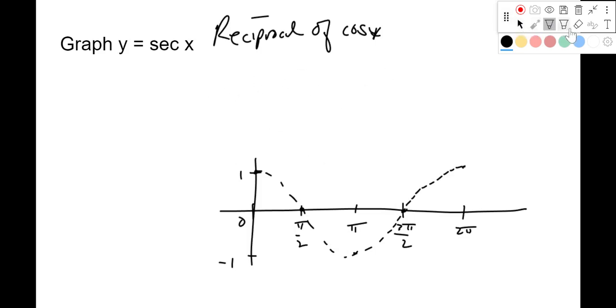Now to graph secant, we're going to do the same thing. When cosine is 0, there's a vertical asymptote for secant. So there's 2 asymptotes in there. And then they share the high point and the low point, the 2 graphs.